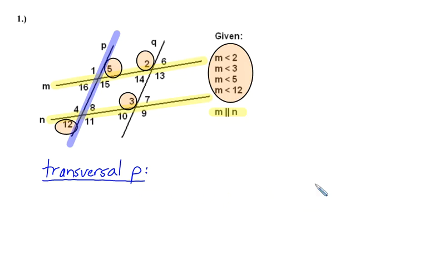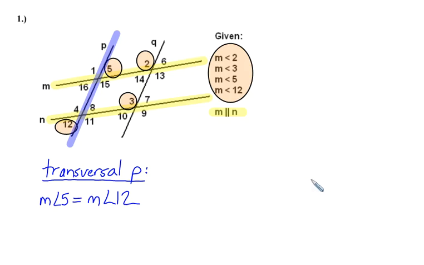Now, as we focus on transversal P, the 2 angles in play are angles 5 and 12. Angles 5 and 12 are alternate exterior angles formed by parallel lines, and alternate exterior angles are congruent when the lines are parallel. So our equation for the 2 angles involved at transversal P would be that the measure of angle 5 is equal to the measure of angle 12.